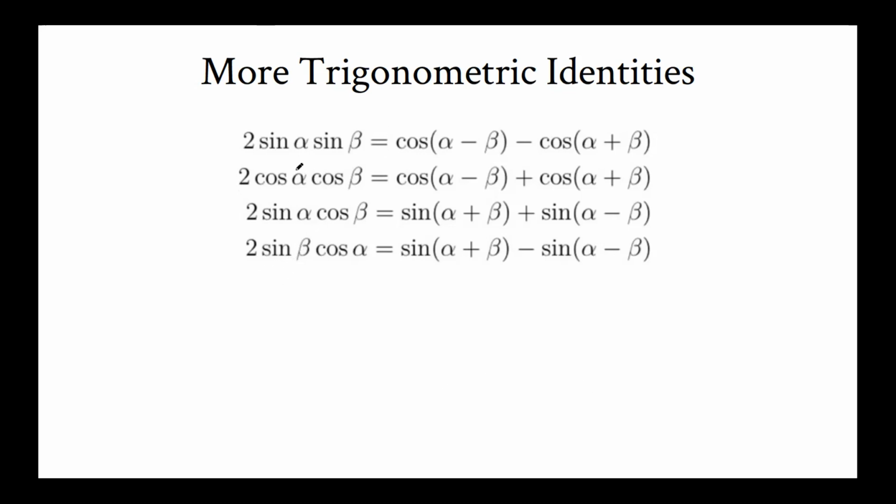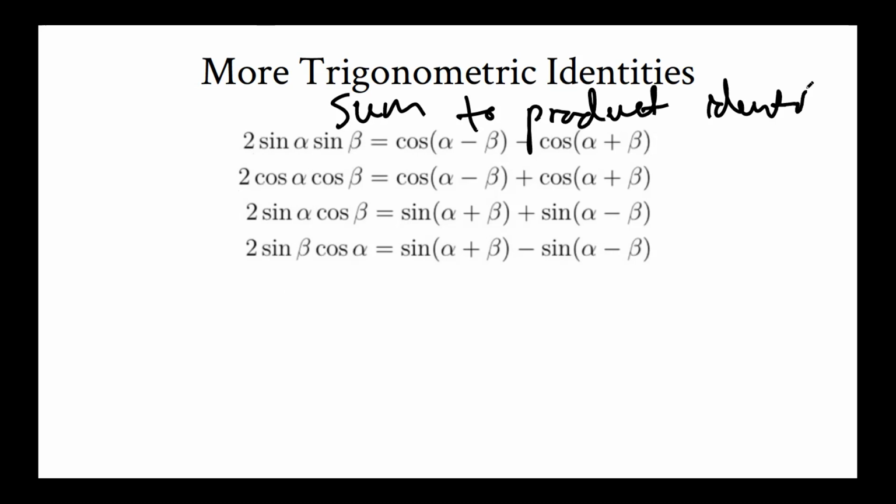Okay, so now let's talk about these four, which are called sum to product identities. And you can probably guess, we also prove these using the addition and subtraction identities.